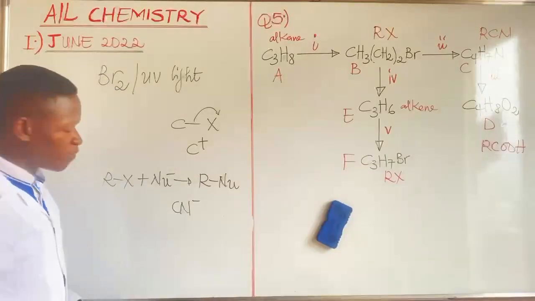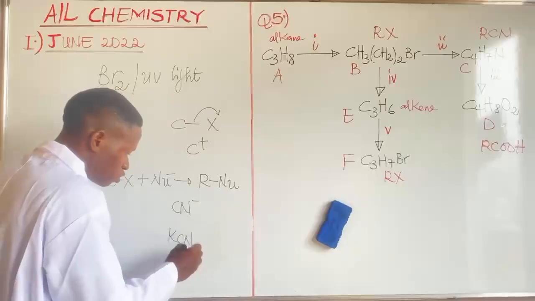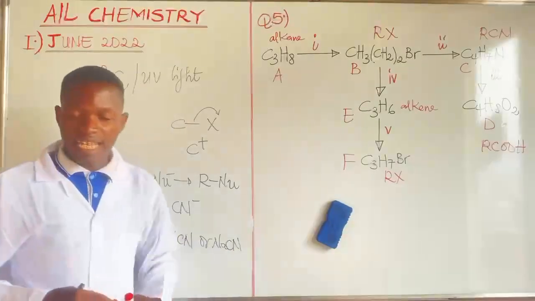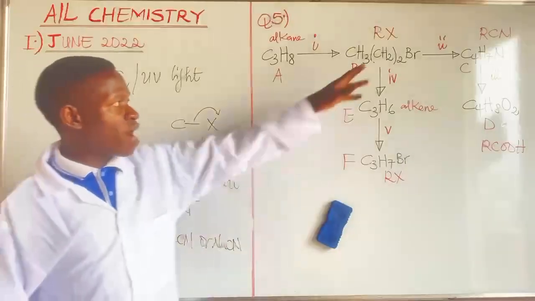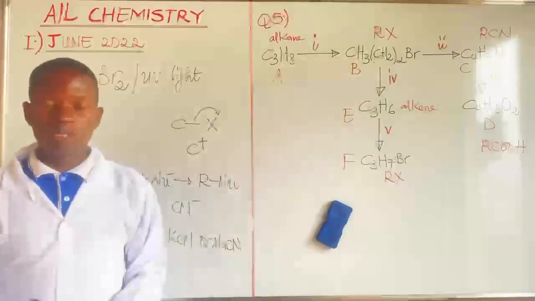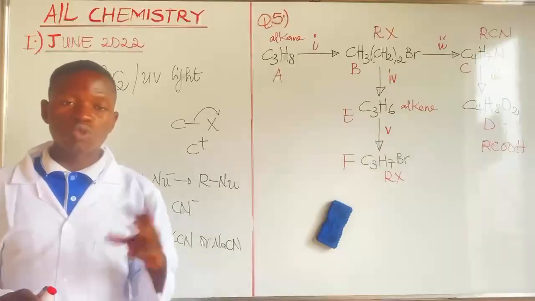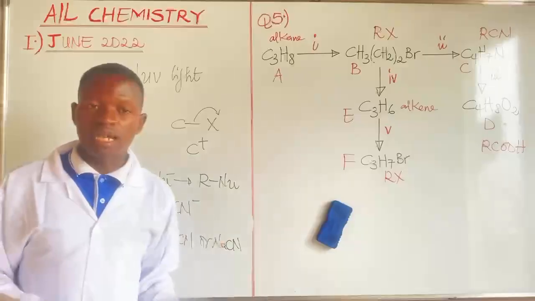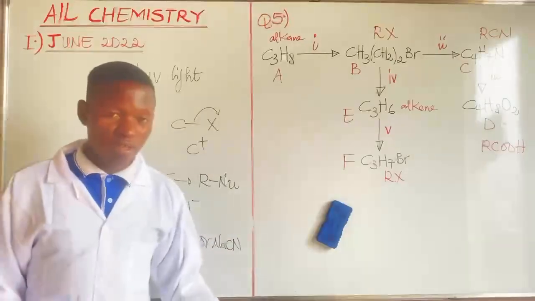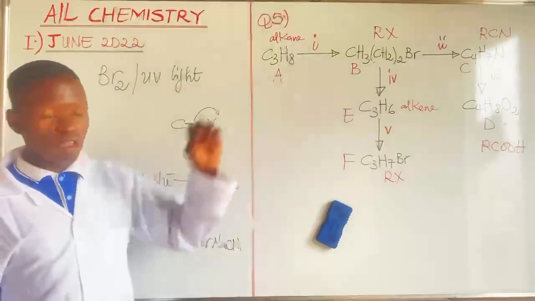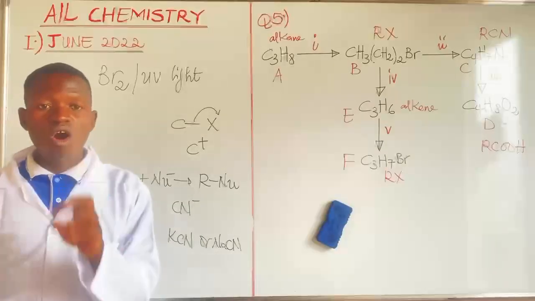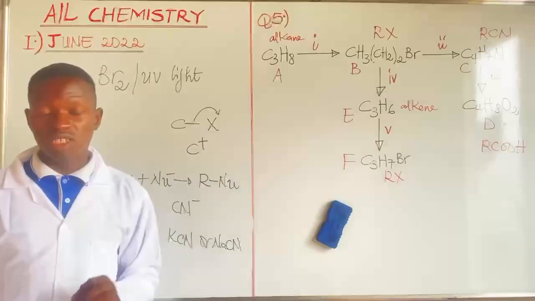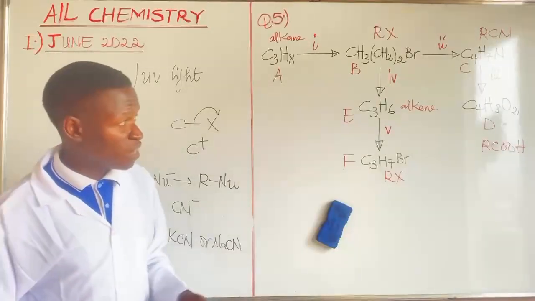But where does it come from? It comes from potassium cyanide or sodium cyanide in ethanol. So our reagent for Roman 2 is potassium cyanide or sodium cyanide in ethanol. Condition: under reflux. All the reactions of haloalkanes take place under reflux.